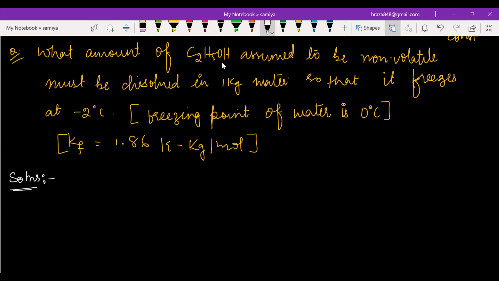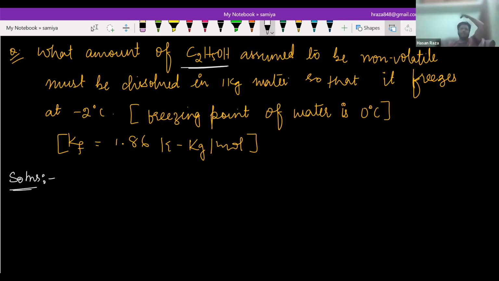What amount of C2H5OH? That means the mass of C2H5OH has been asked in the question. To be non-volatile, must be dissolved in 1 kg of water. That means the mass of solvent is given as 1 kg. So that it freezes at -2 degrees centigrade. After adding, it should freeze at -2 degrees centigrade.